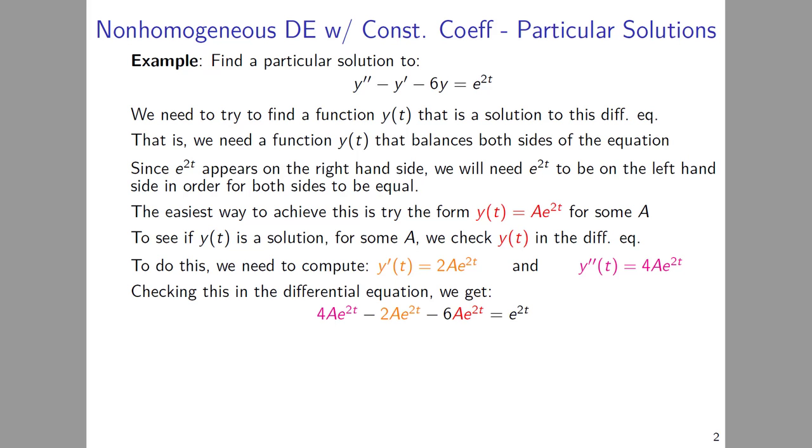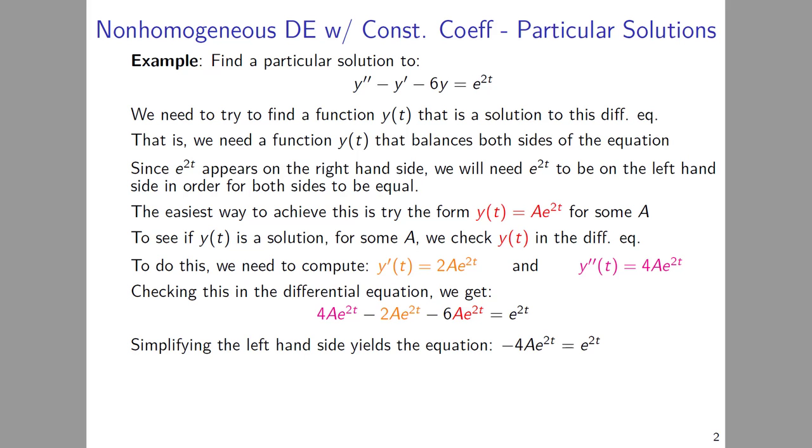Now checking this in the differential equation, we get y'', which is 4a e to the 2t, minus y', which is 2a e to the 2t, minus 6y, which is a e to the 2t, all must be equal to e to the 2t.